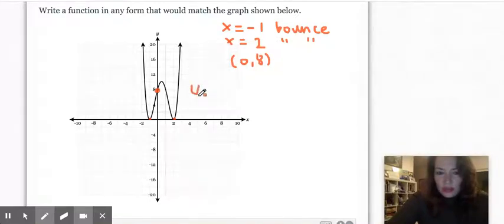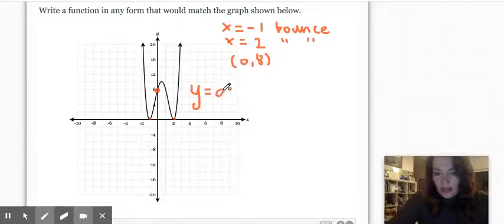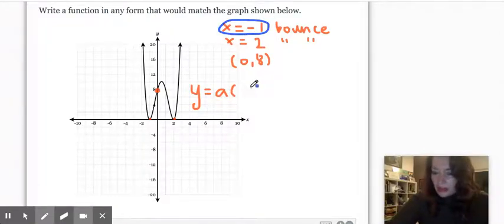So we can write that y equals some a value times, this x equals -1 means we have a factor of (x + 1), and because there is a bounce, this will be squared, degree 2.